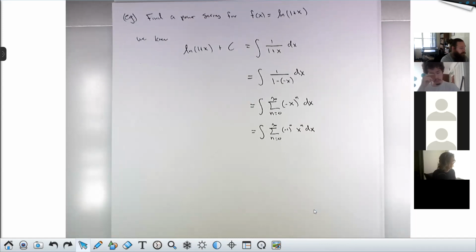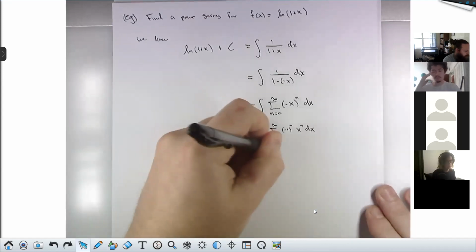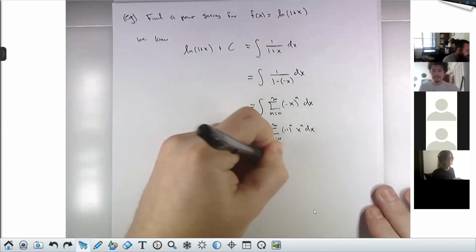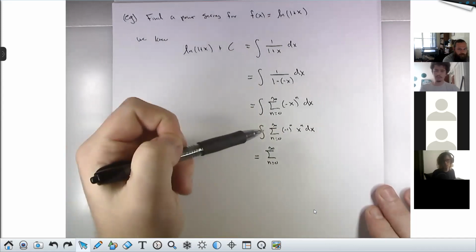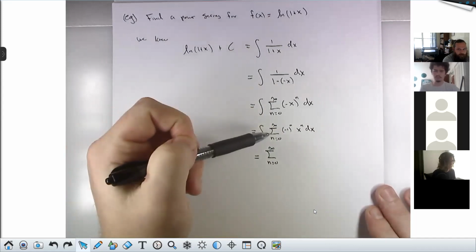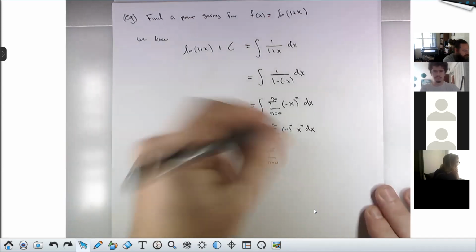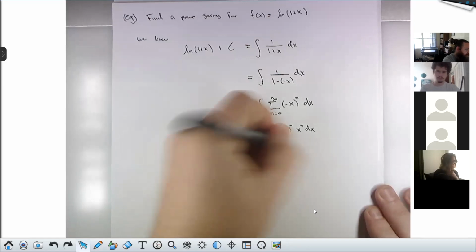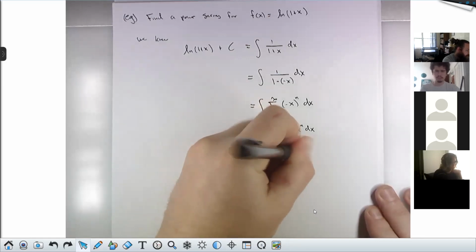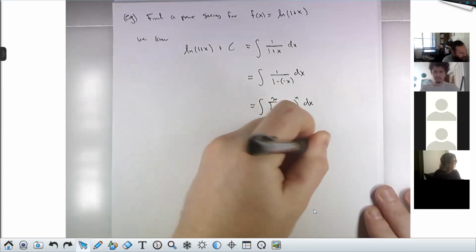So now, following the integration formula from last time, I've already got my plus c on the other side. I'm not going to write it again. The integral of sigma n from 0 to infinity, negative 1 to the n times x to the n dx is sigma n from 0 to infinity, negative 1 to the n times 1 over n plus 1, x to the n plus 1.